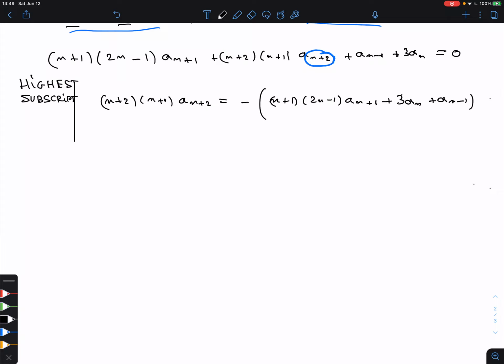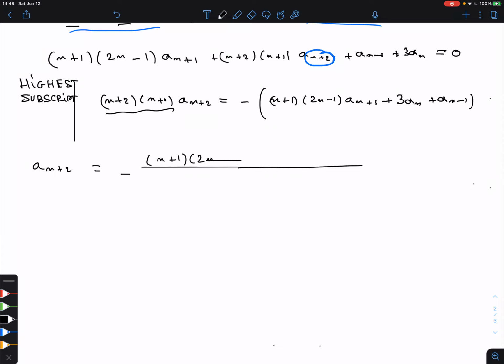And so we find finally our recursion formula is, we still have to divide by this thing here, right? Is minus n plus 1, 2n minus 1, an plus 1 plus 3an plus an minus 1.